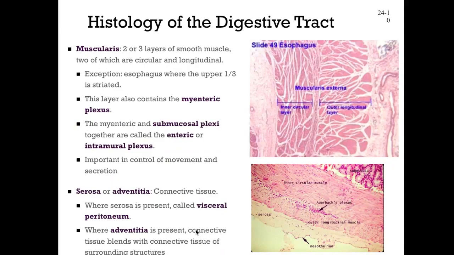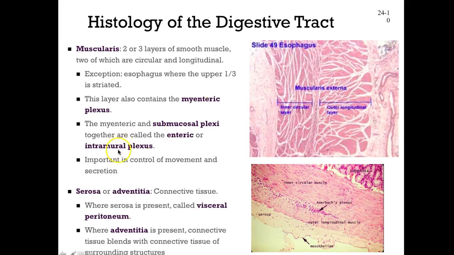So next let's talk about that third layer, the muscularis externa. This is either made up of 2 or 3 layers of smooth muscle, although typically it is 2 layers. The area of exception is the esophagus, where the upper 1/3 is going to be striated muscle rather than the smooth muscle that we see here.